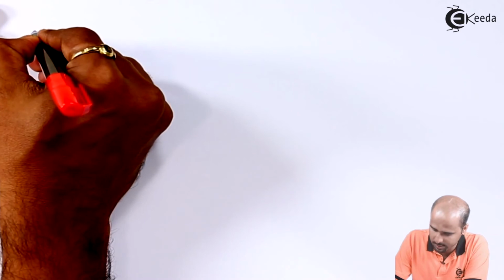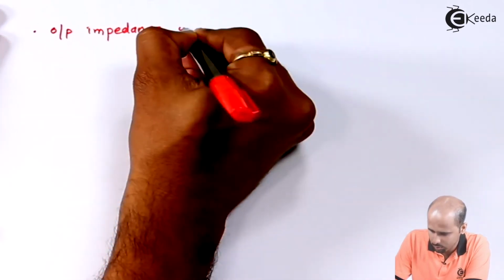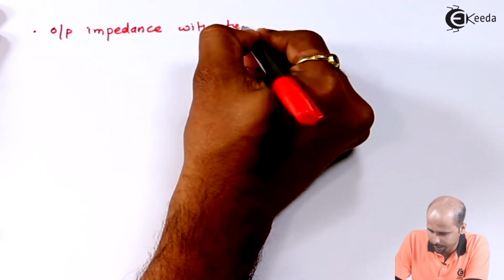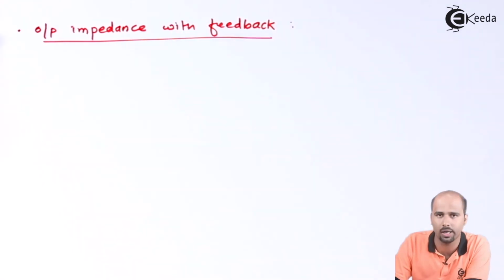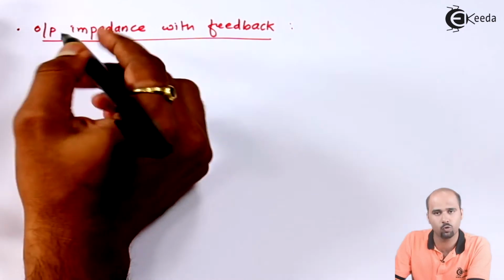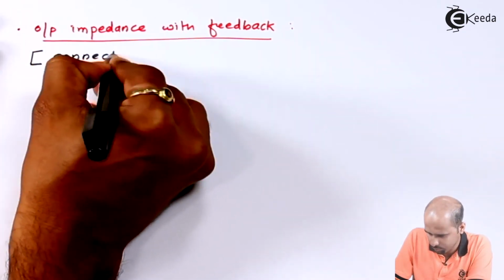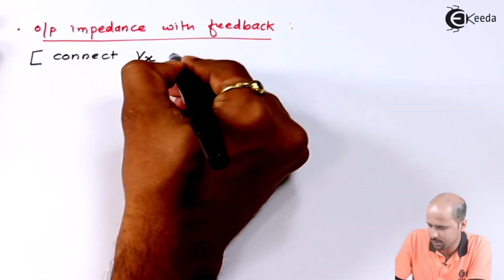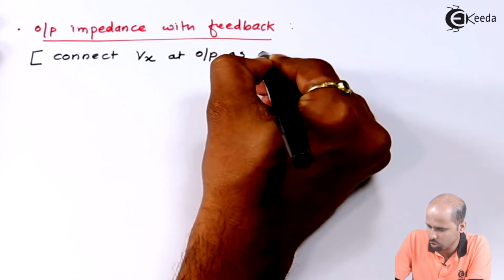Now we'll have to learn the third and important part of this analysis, that is output impedance with feedback. Output impedance with feedback is what we have to analyze. Now for that, a very important aspect that we have to consider is to connect Vx at the output as source.